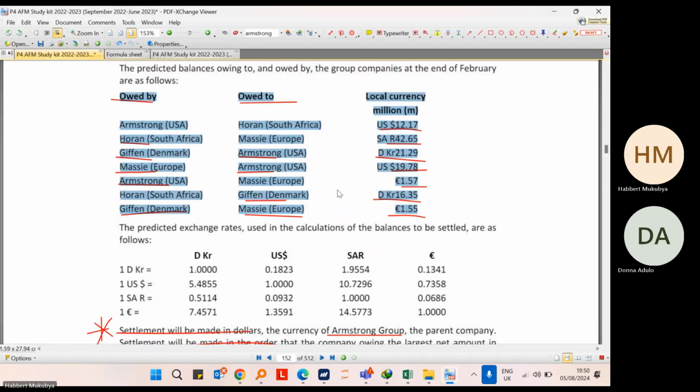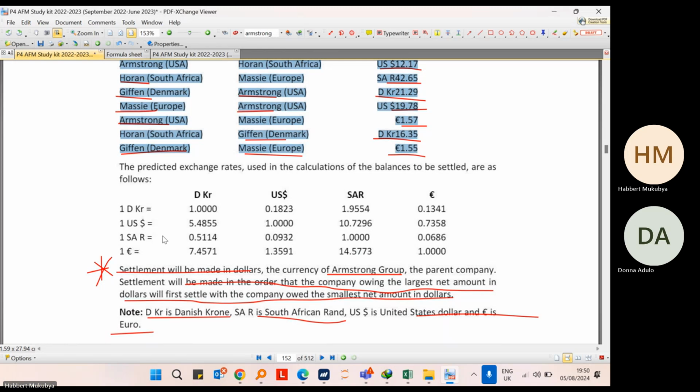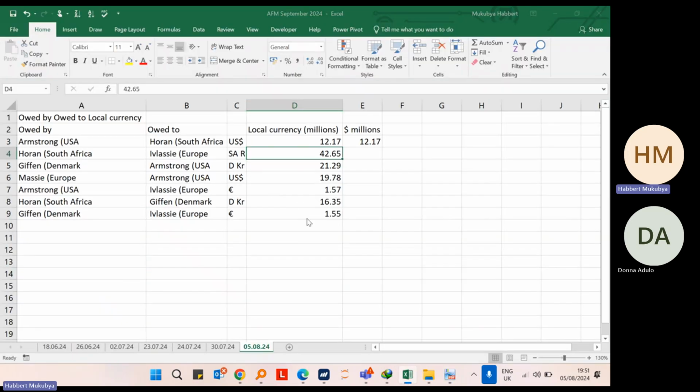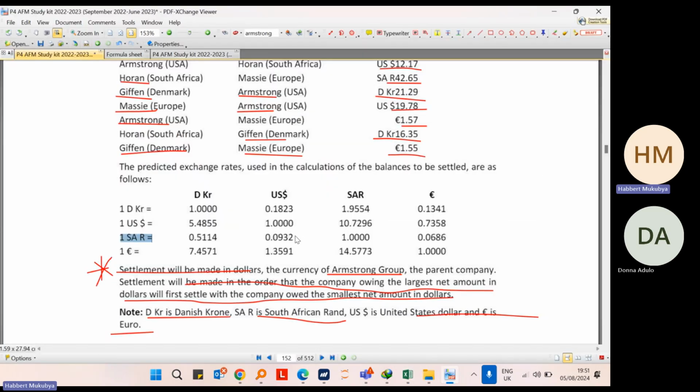Now, we know that 1 rand is equal to, so remember we are converting to dollars, 1 rand is equal to 0.932 dollars. So you can say that $1 is equal to 10.7296 rands.